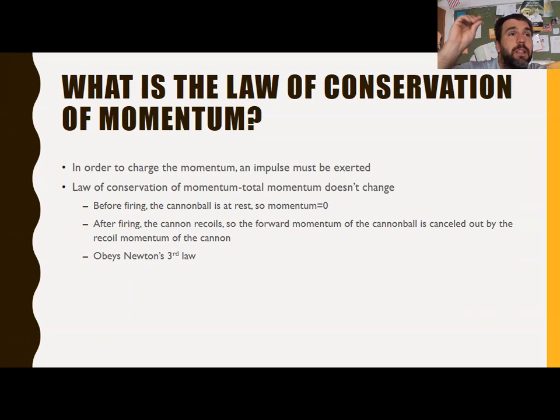It's a little bitty bullet, very small mass. It has a lot of speed, so it has some momentum, but it's not going to kick back much. A 30-06 or a muzzle loader, a heavier gun, or a .45 pistol, is a heavier, bigger bullet. It's going to travel really fast, but it's going to kick back.